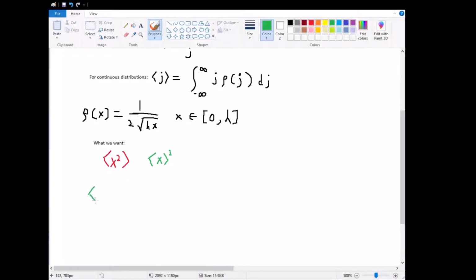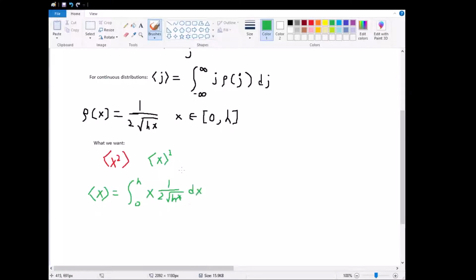So we know that we can set up the average of x as equal to the integral, this time not from negative infinity to infinity, but from 0 to h, because that's the only interval in which our analysis is valid. We stick an x in here, and then we multiply by the probability distribution of 1 over 2 square root of hx, dx.